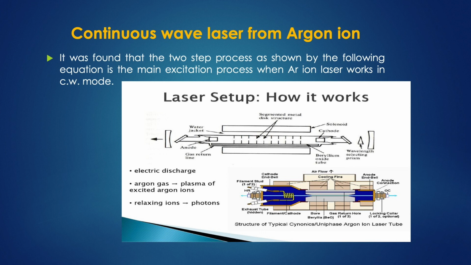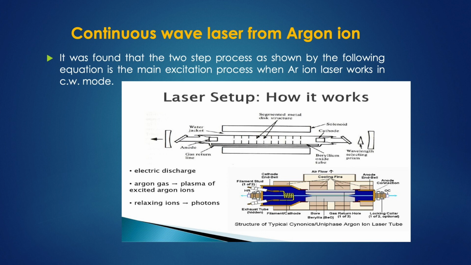For gases, you cannot use optical pumping. If you use optical pumping, all the light that falls on the argon gas will be transmitted out, so there will be no excitation. I hope you remember, to make any laser action you must have a pump source, and earlier I had told you there are only two major pump sources: electrical discharge exclusively for gases, and optical excitation exclusively for dyes and solid state lasers like ruby or neodymium.